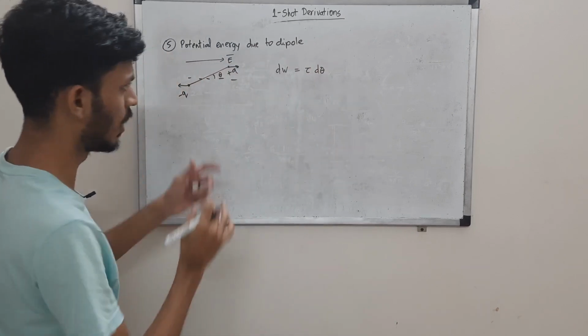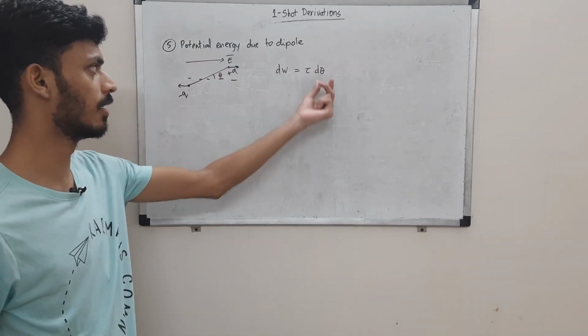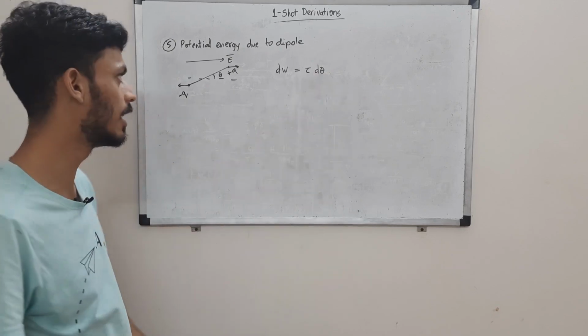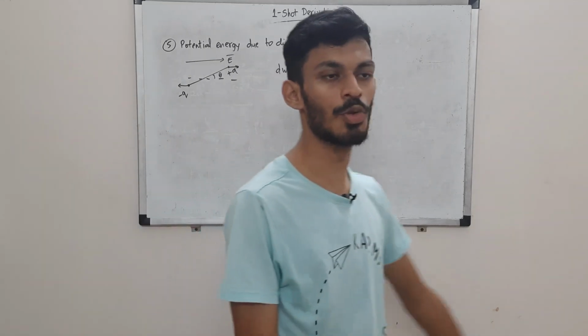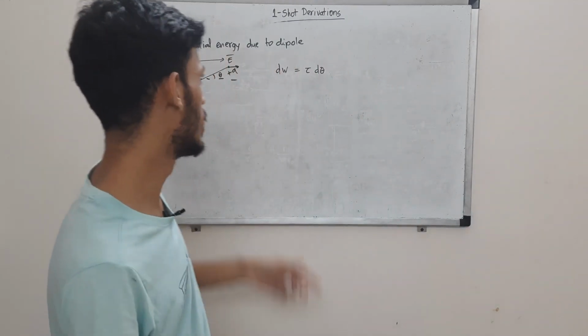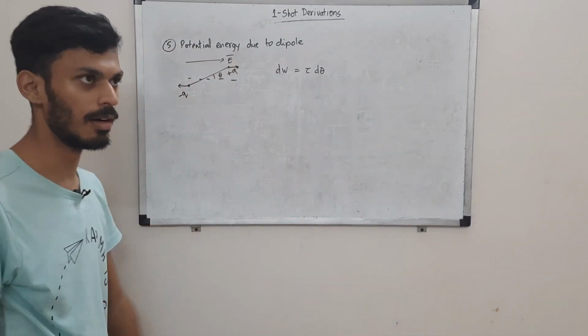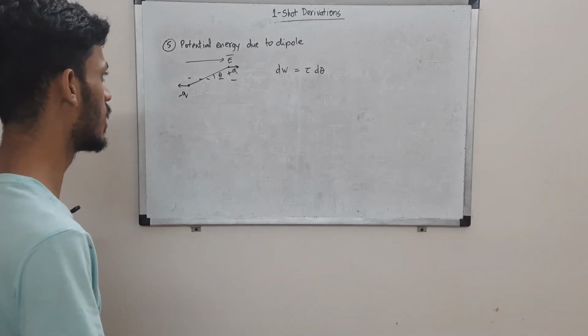Whatever torque you are going to apply, for the small displacement d theta, this much amount of work will be done, and this work will be stored in the form of potential energy. So that is how we are going to derive the expression of potential energy.